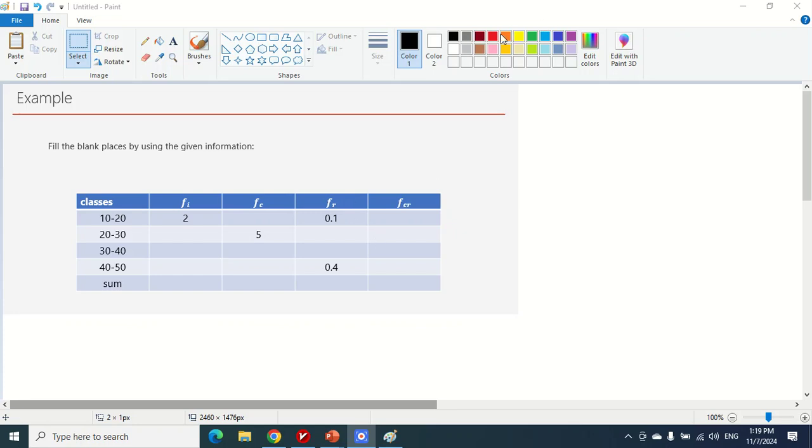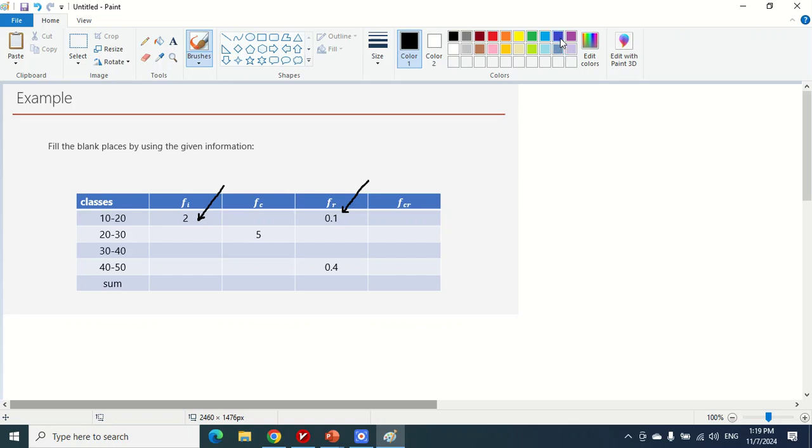At the beginning we can see that the first frequency in the table is given as 2, and based on that we have the relative frequency as 0.1. By these two pieces of information we can find the entire data set for this table.